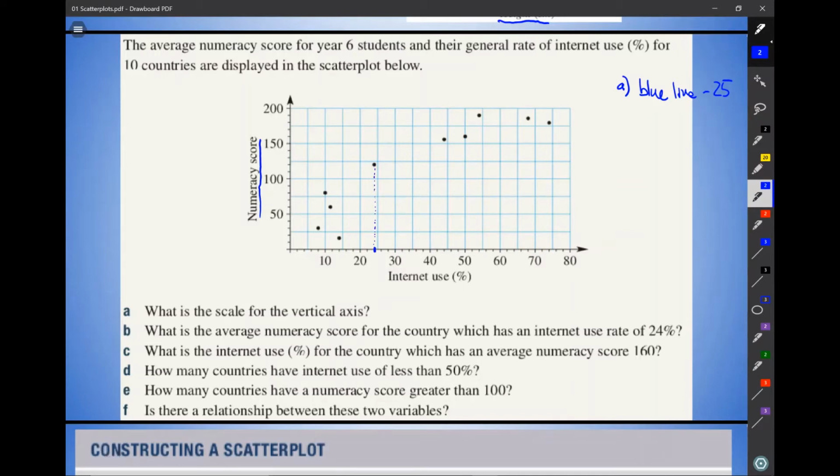This represents a variable here for a country with an internet use of 24%, their average numeracy score, if we read off this axis, let me use a straight line, seems to be 120.